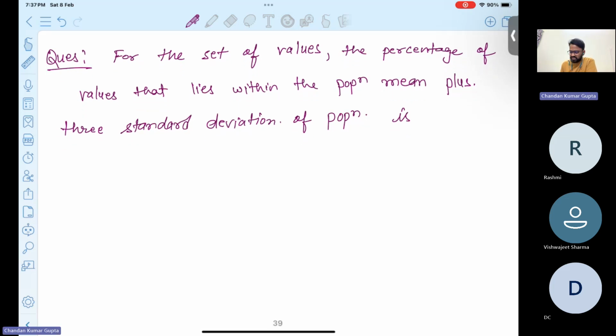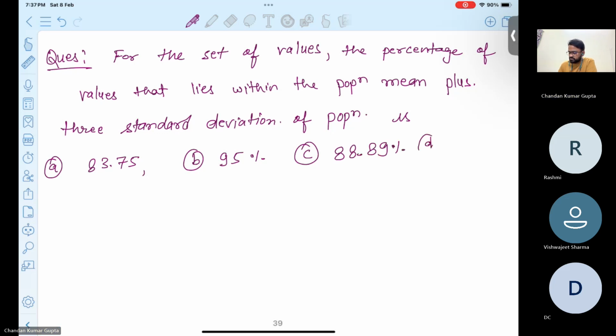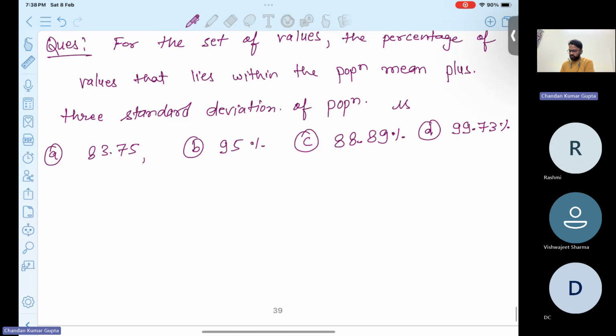We have some options here: A is 83.75%, B is 95%, C is 88.89%, and D is 99.73%. Can anyone guess what will be the correct option?